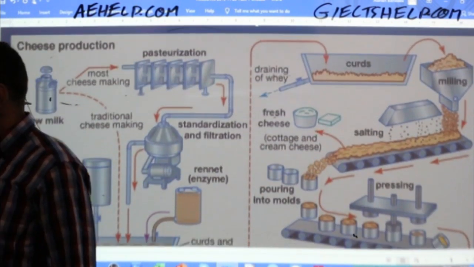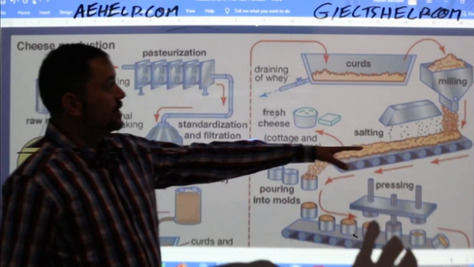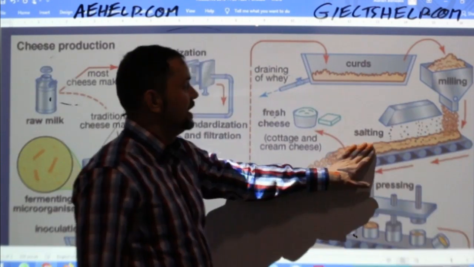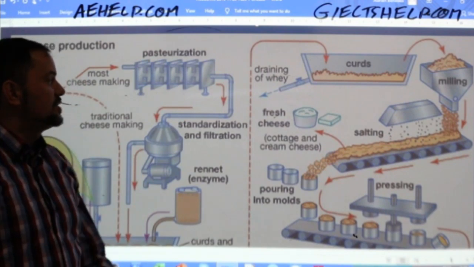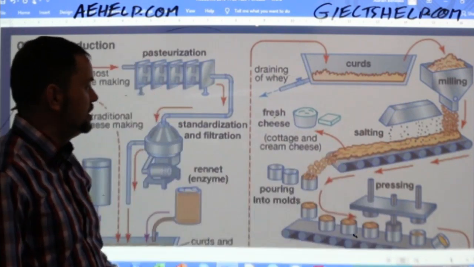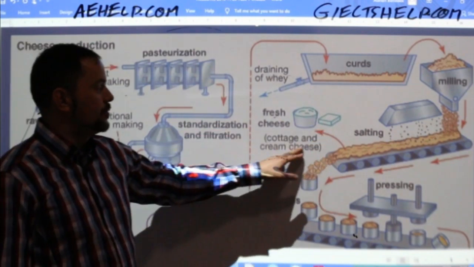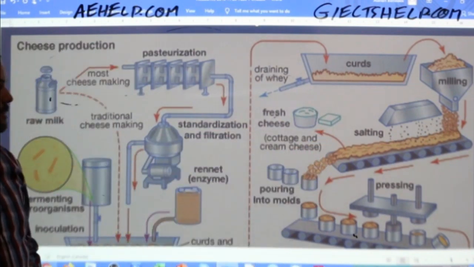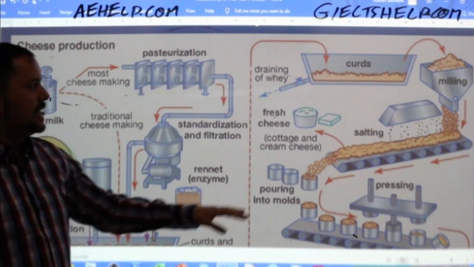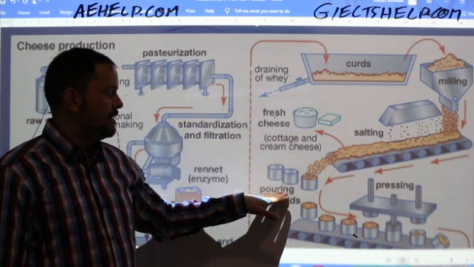So we're here in the process. We're in the milling and salting stage. So the milling machine, the salting machine, and then we have fresh cheese, cottage and cream cheese. Yum, yum. So you have these cheeses, and then you have molds.